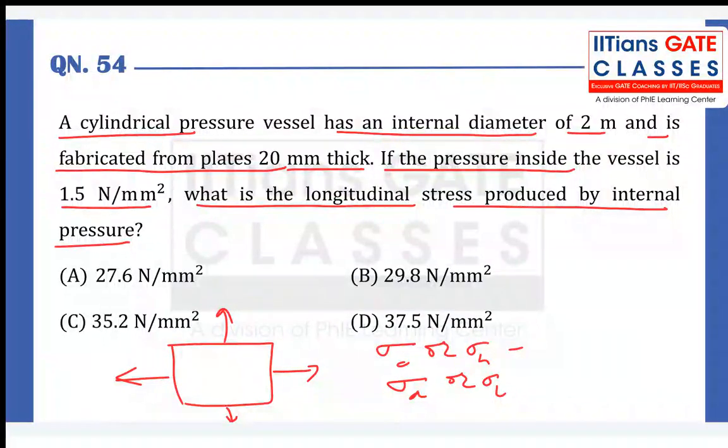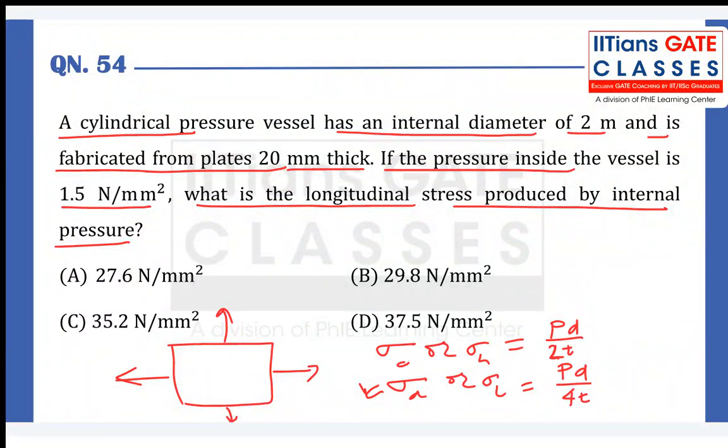Hoop stress is PD by 2T, and longitudinal or axial stress is PD by 4T. What is asked in your question? Axial stress is asked. Everything is given, so find this stress.